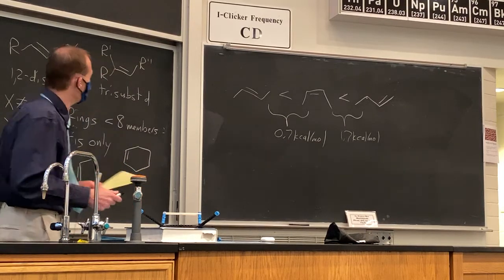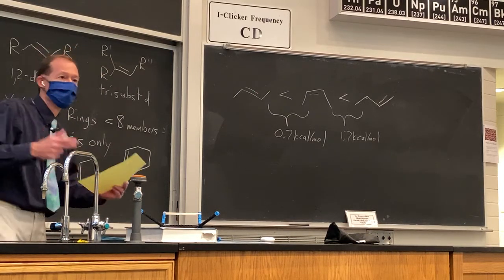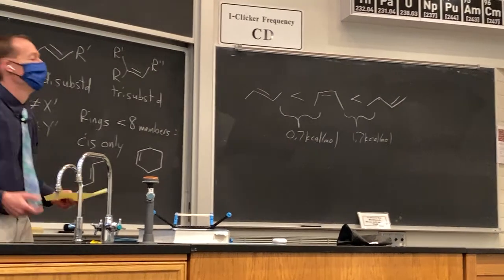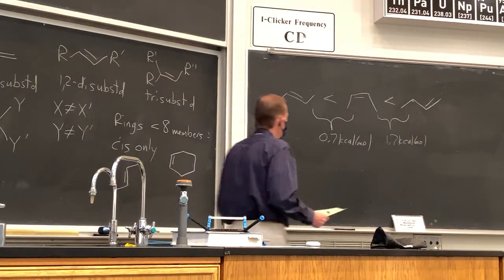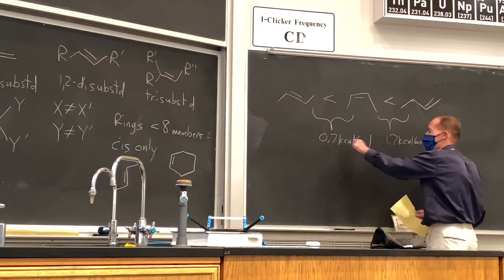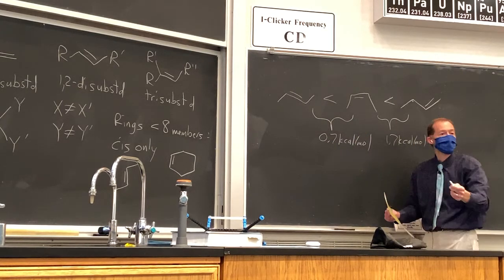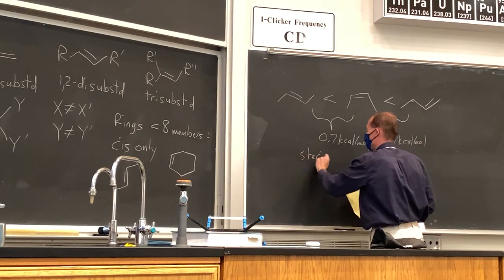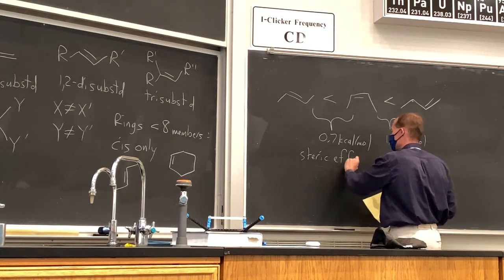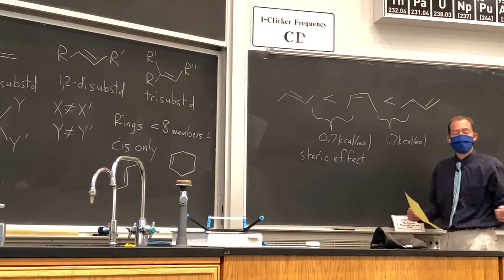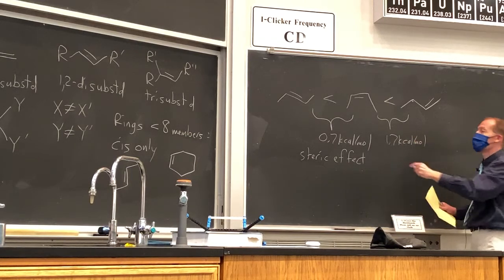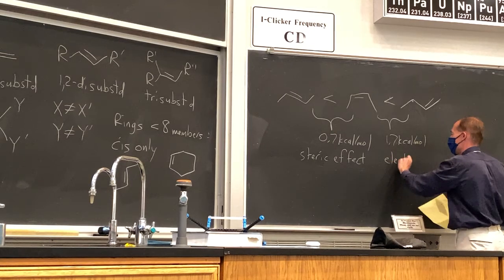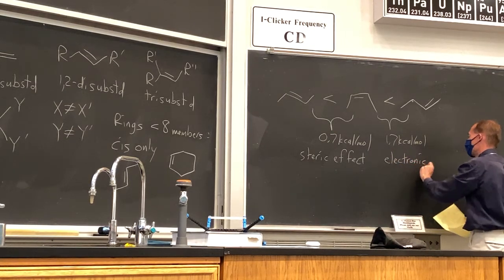So the more substituents you have on your double bond, the more stable or lower in energy it will be. And so that is an electronic effect. So the difference in energy between the cis and trans isomers can be referred to as a steric effect. And then the difference in energy between cis and our monosubstituted alkene is referred to as an electronic effect.